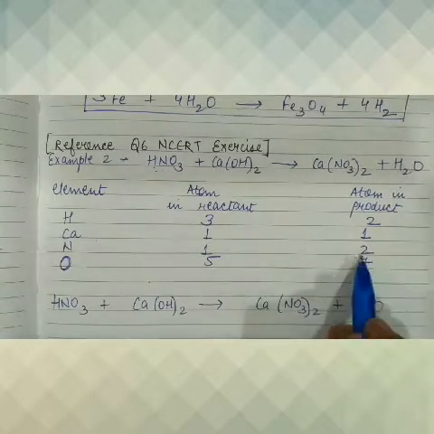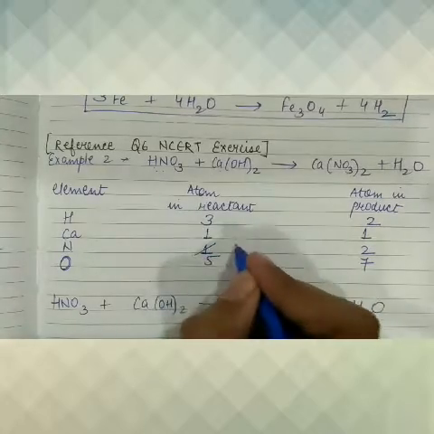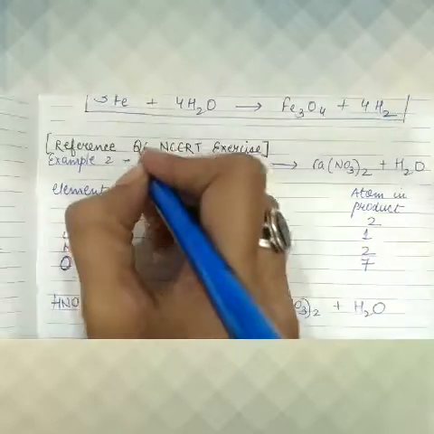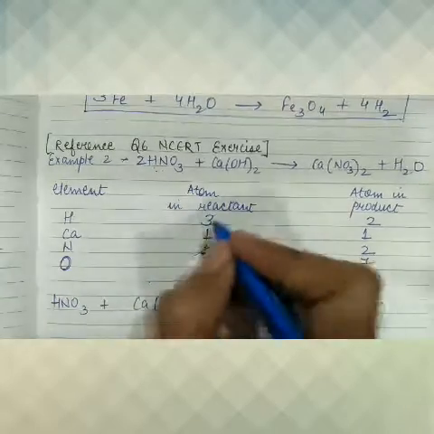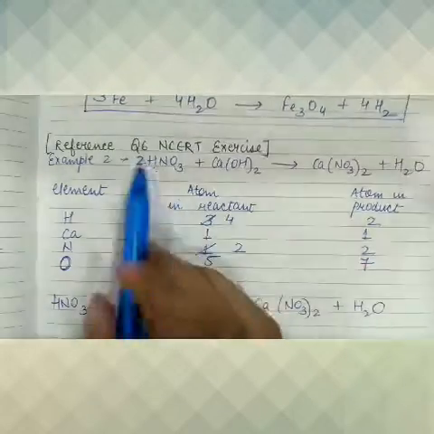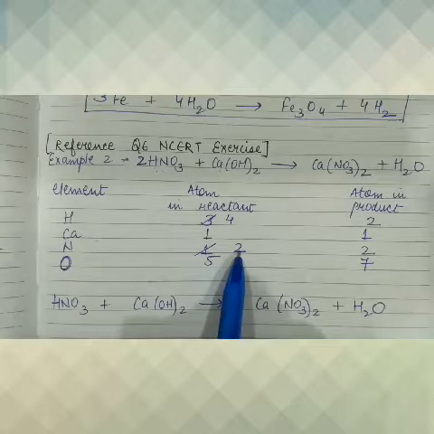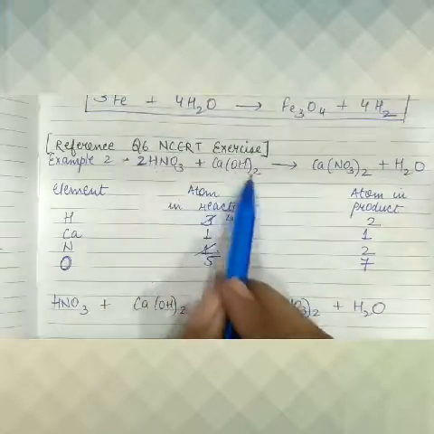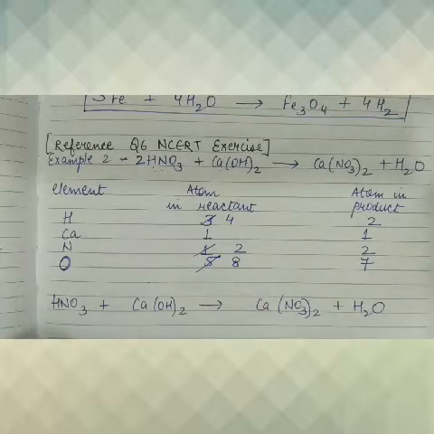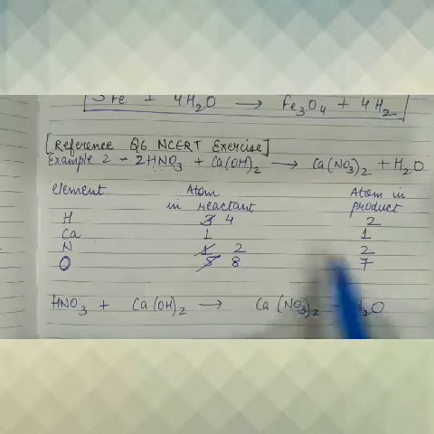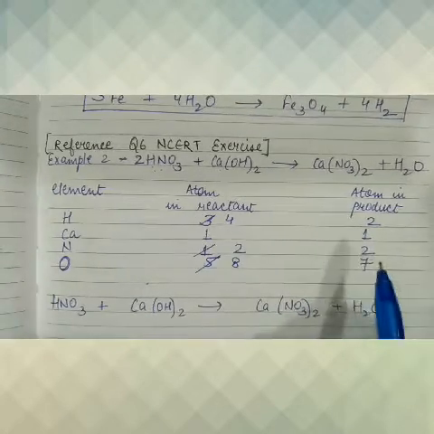Here it is 1 and here it is 2. Multiplying this by 2, now the number of hydrogen atoms will change to 4. Number of nitrogen atoms will change to 2. 2 3s are 6 plus 2, and the number of oxygen atoms will change to 8. Now 2 and 2, 1 and 1, it is balanced.